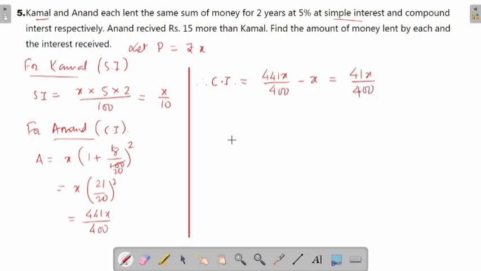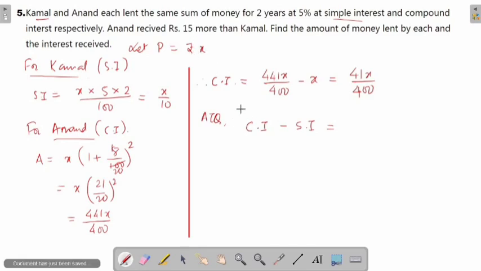Now obviously Anand will receive more because he is opting for compound interest, right? So Anand receives 15 more than Kamal. According to the question, the difference between compound interest and simple interest is given. Remember, both of them had taken the same amount as the loan.